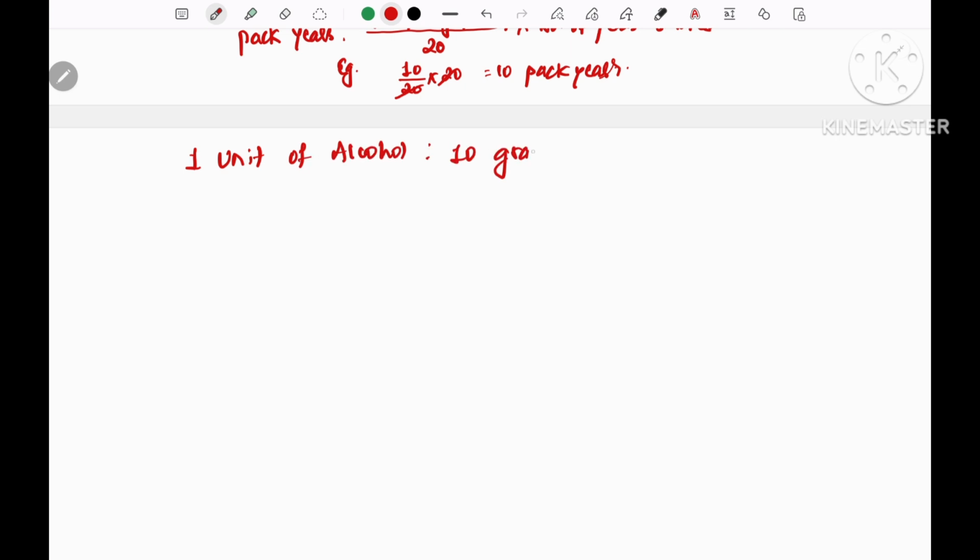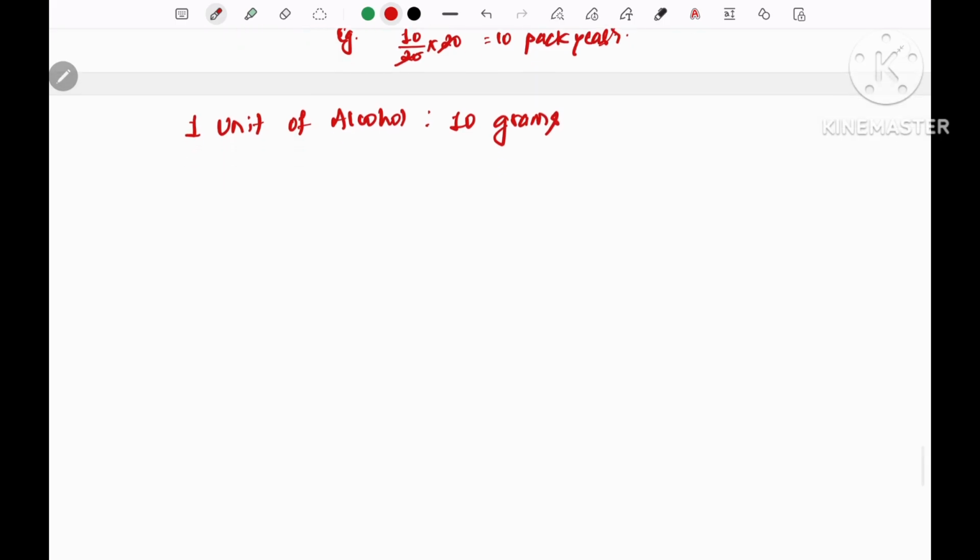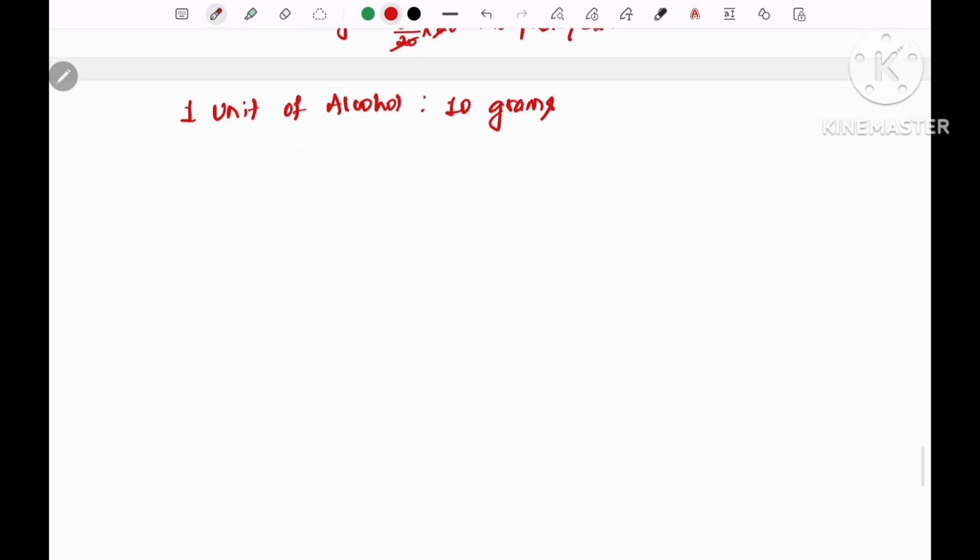Different drinks like beer, cider, wine, and local homemade alcohol have different concentrations of alcohol, so we have to calculate every brand and every concentration in units.